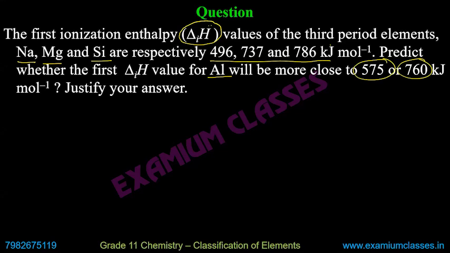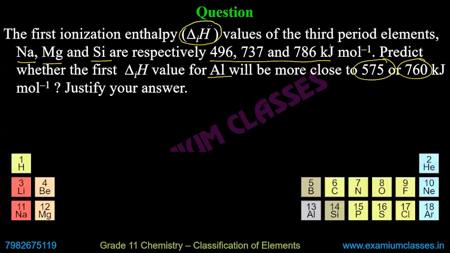Now why the question is, because if you see the periodic table here, you have sodium, magnesium, aluminum, silicon. These 4 elements we are referring to in this question. For sodium, it is given 496, for magnesium 737, and for silicon 786, all in kilojoules per mole.